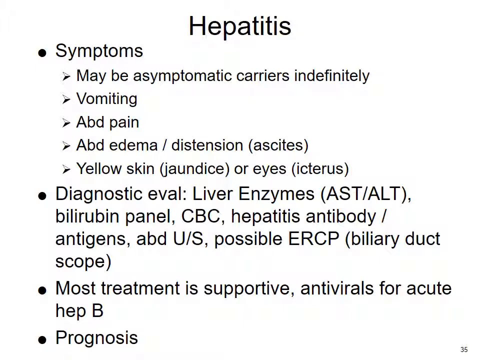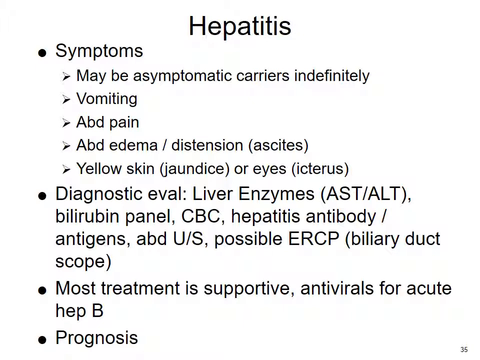The symptoms of hepatitis may not be present if the person is just an asymptomatic carrier, and that can go on for years and years indefinitely. If it's acute, such as hepatitis A, or if it's an acute flare of a chronic one, there will be vomiting, abdominal pain, that abdominal distension, that ascites edema, yellow skin, that jaundice from the elevated bilirubin levels, and yellowed eyes, which is called icterus.